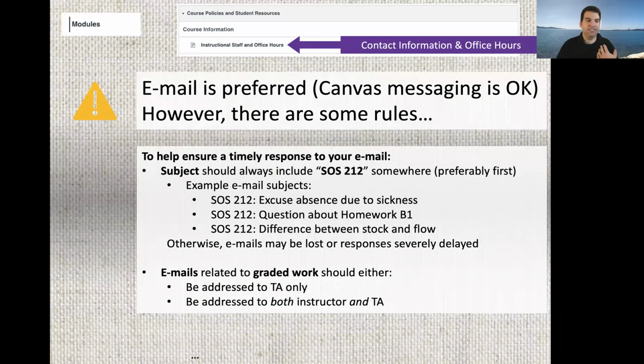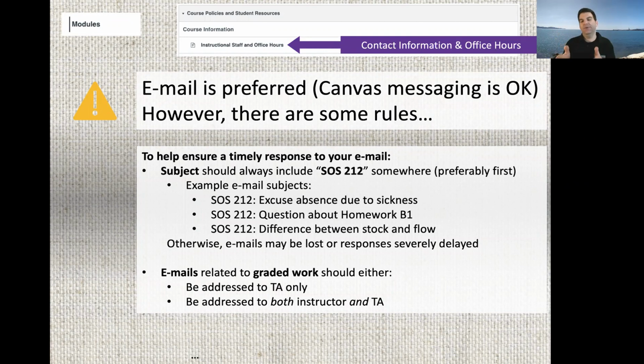If you need to get in contact with us, email is preferred. Canvas messaging is okay, although it's a little wonky on how it notifies. But when you send the email, please, please, please prefix your emails with SOS 212. And then it's nice to have some sort of concise summary of why you're emailing, and then you can put all the details you want in the email.